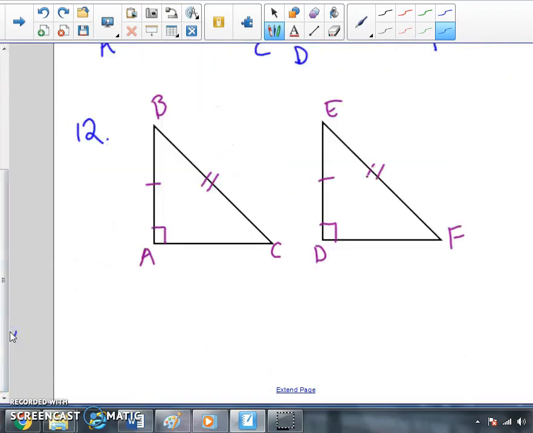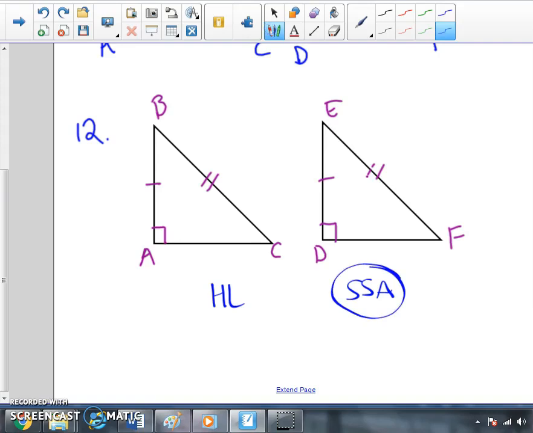And moving to 12, in 12 they were asking us, can we add HL, hypotenuse leg, to our list? And if we look at these 2, we do notice that they are marked so that we have side, side, angle in each of them. So side, side, angle. So we know that we said you can't prove by side, side, angle.